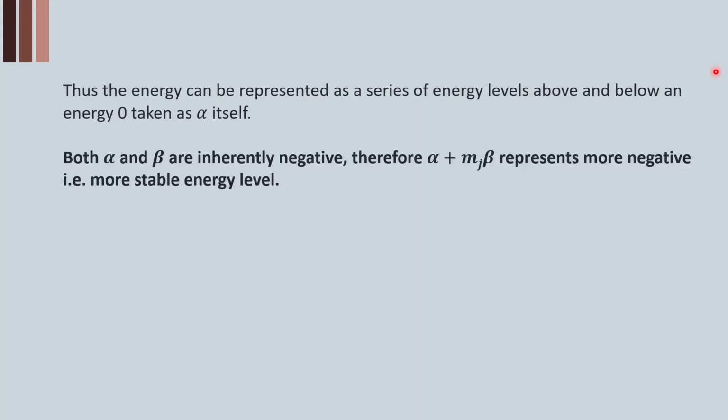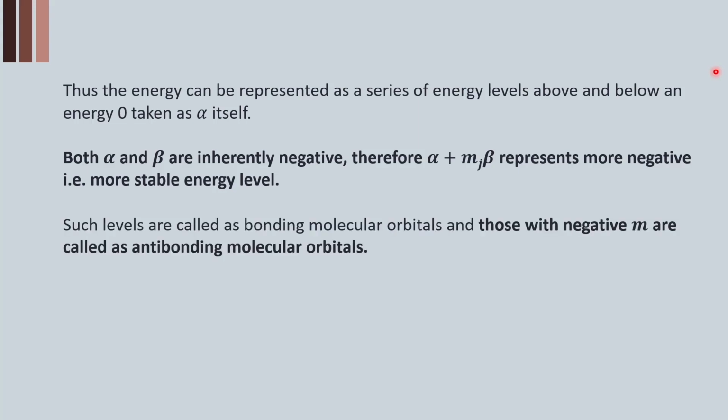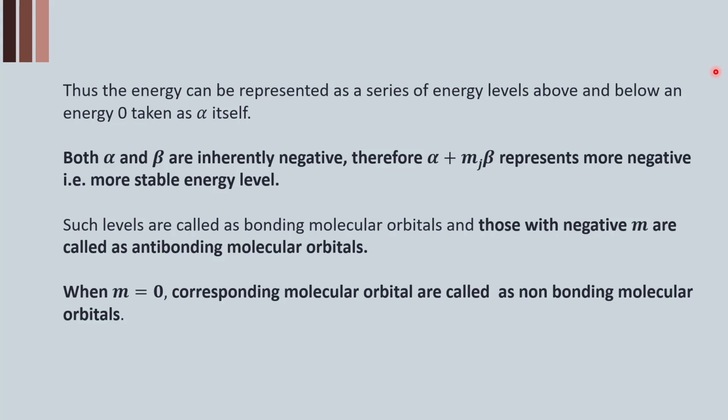Because alpha and beta are both inherently negative, alpha plus m_j beta has a negative value altogether, and this forms a stable molecular orbital. However, alpha minus m beta is assigned as an antibonding molecular orbital, whereas those with m equal to 0, that is only in terms of alpha, are assigned as non-bonding molecular orbitals.